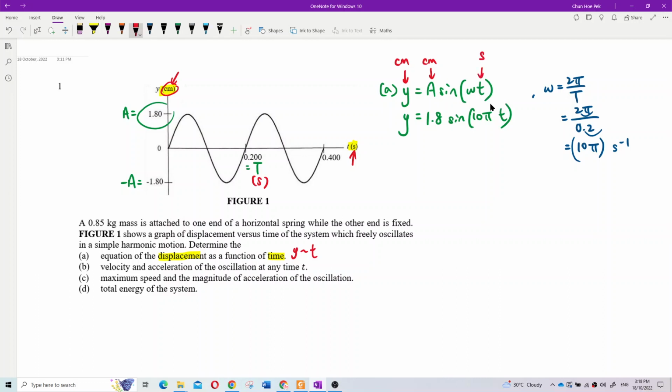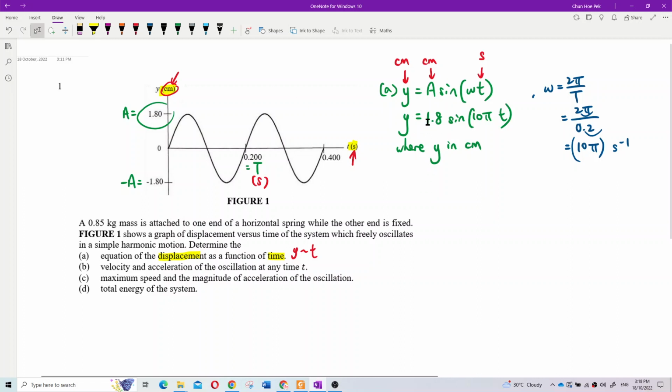So you must write the unit. Writing the equation alone is not enough, you won't get full marks. You must write the unit also, where y in centimeter, because the unit is centimeter given.